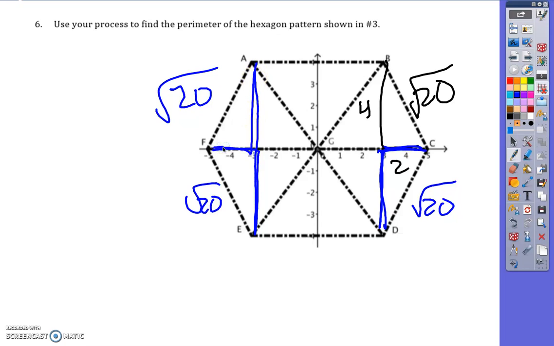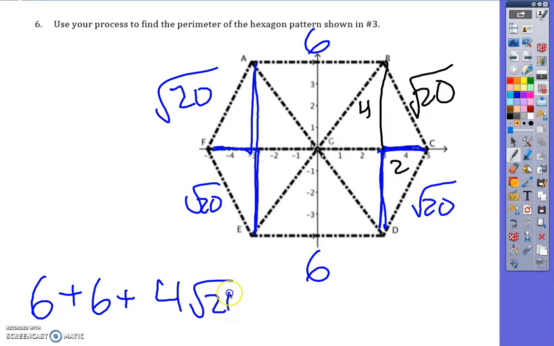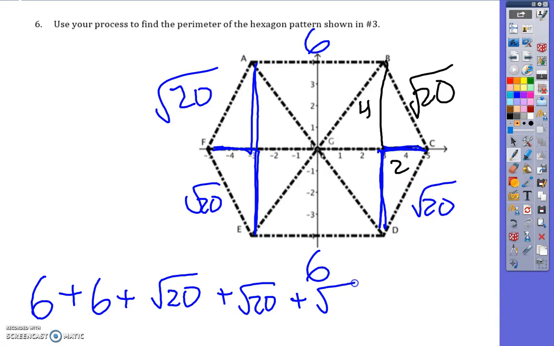This, however, from here to here, this is 6, and that is 6. So I'm going to add all those up, and this is where it gets tricky. So I'm going to grab a calculator. I'm going to do 6 plus 6 plus the square root of 20 4 times, or 4 radical 20. That looks weird. I'm not going to make that. It's confusing. Although next year we're going to write it. Okay.